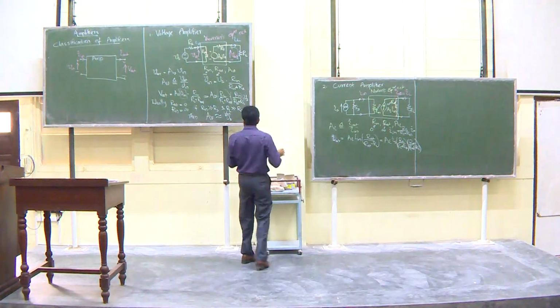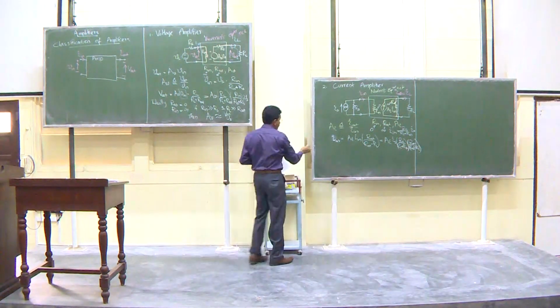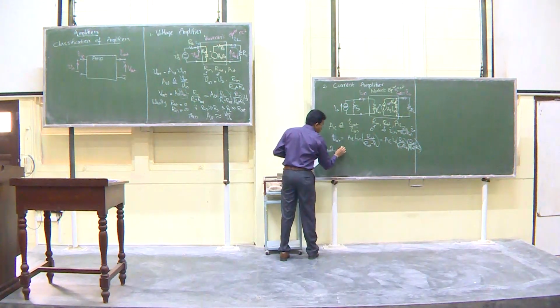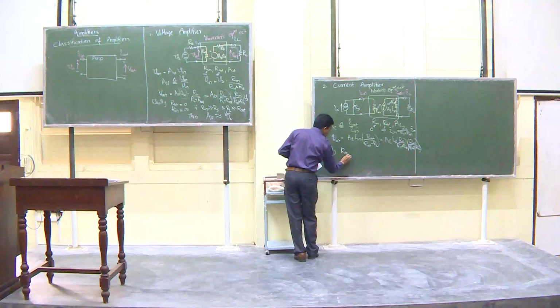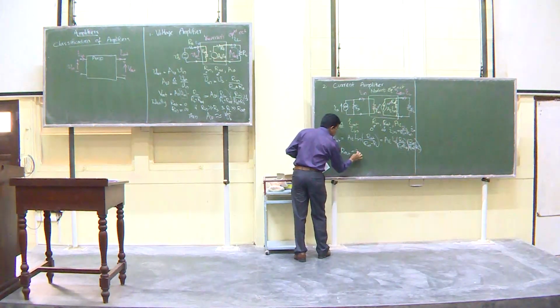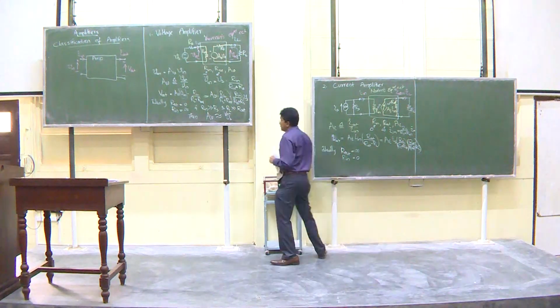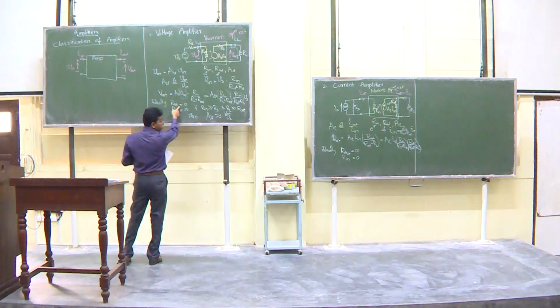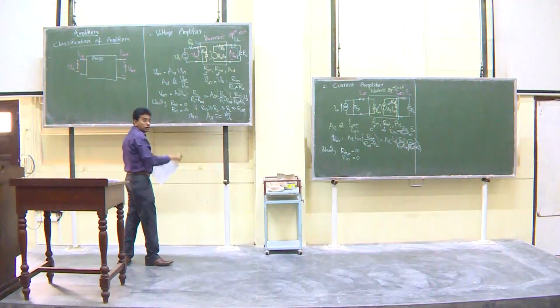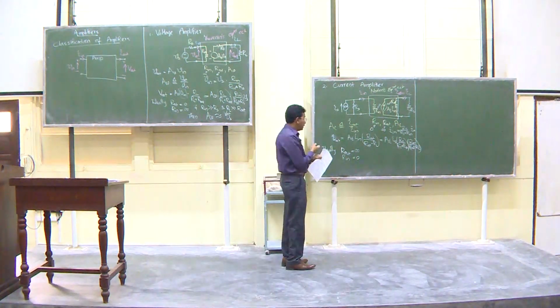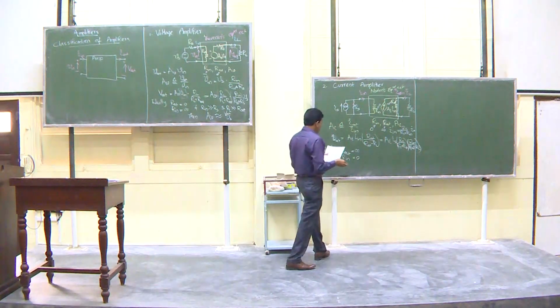So, ideally R out is infinity, R in is 0. Now, this is totally different from here, R out 0, R in infinity. So, this is totally different for the voltage amplifier.